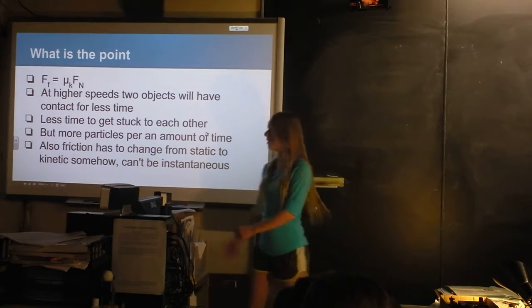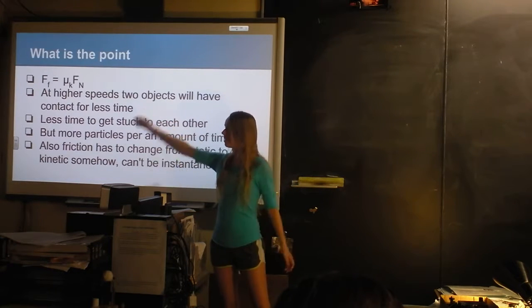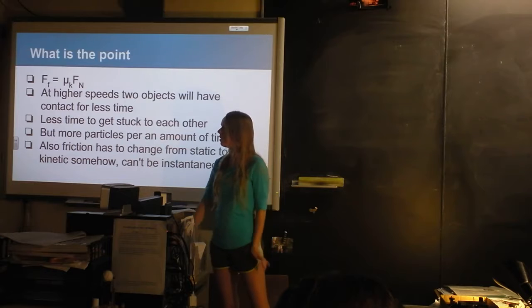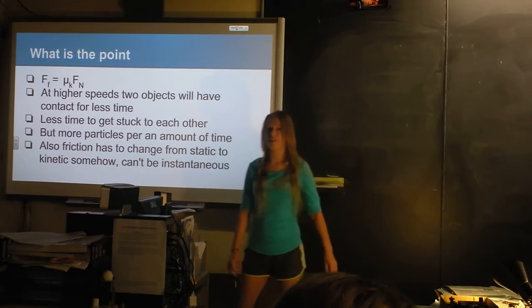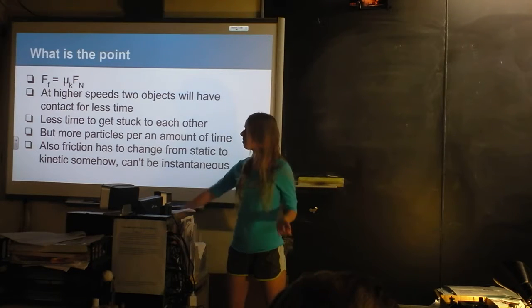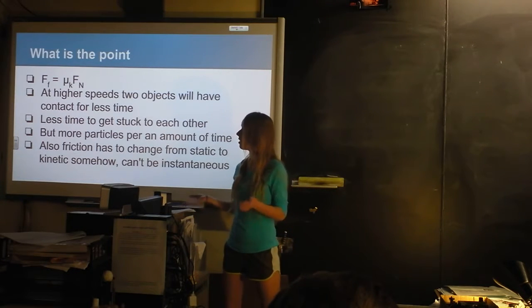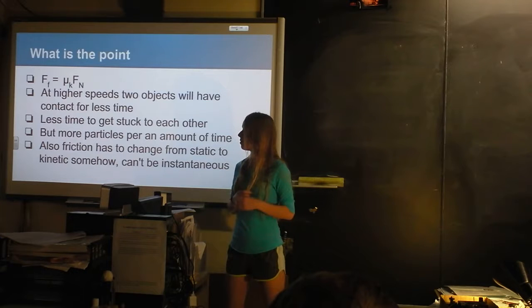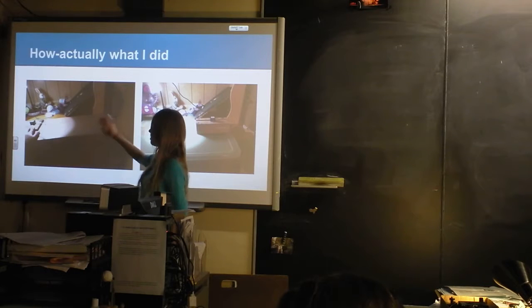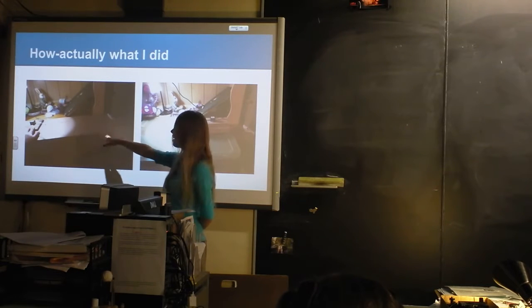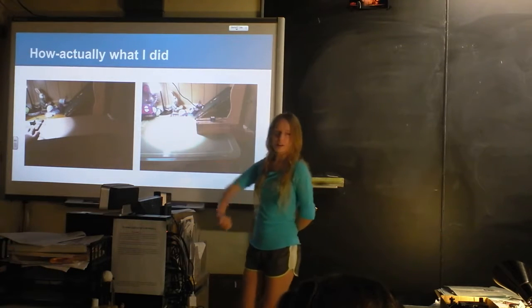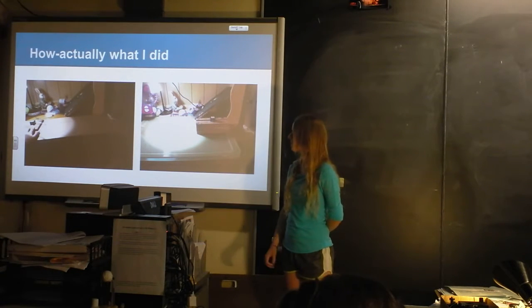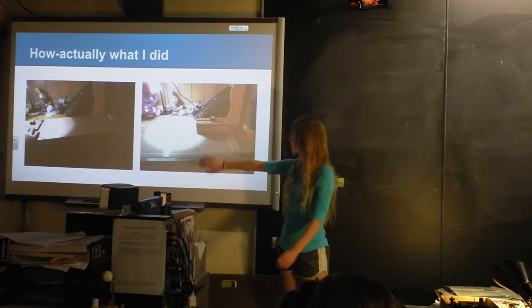Obviously the kinetic friction equation is supposed to be mu k times Fn, but I thought that if you were pulling something across a table or a surface, then at higher speeds... Basically I had one mass here and one mass there, and there was a pulley, and then I just let go of the first mass, and the second mass would pull it down. I did it on different surfaces, and I had a pretty small area to do it, so that kind of caused error.